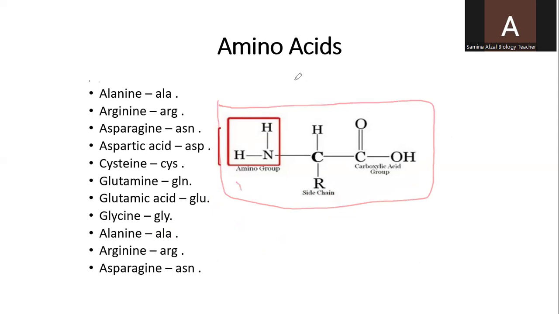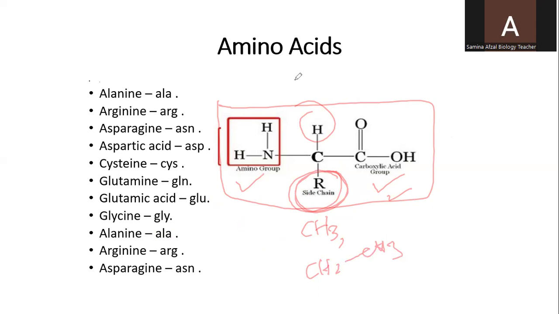You can see the amino group and carboxylic group, a side chain, which can be any other molecule, and a hydrogen. So this is a very simple structure of amino acid in which an amino group is present, a carboxylic acid group is present, COOH, and an R side chain, which can be CH3 or CH2CH3; any other side chain can be attached with this, and in this way there will be a change in the structure.